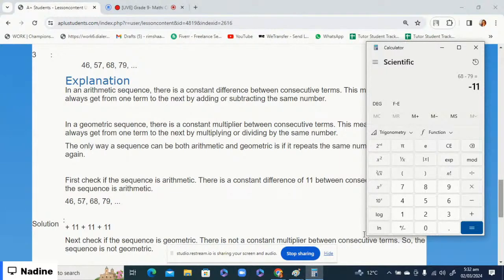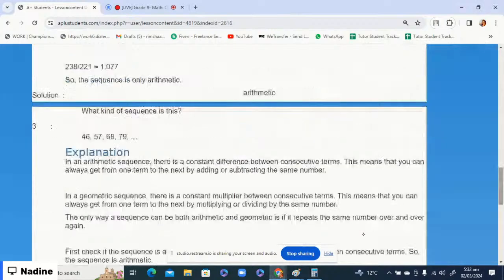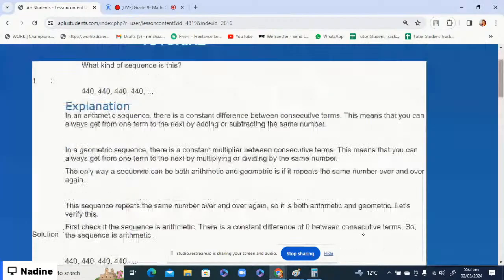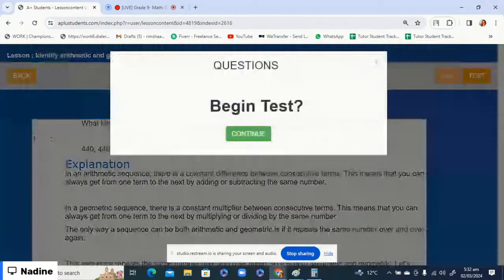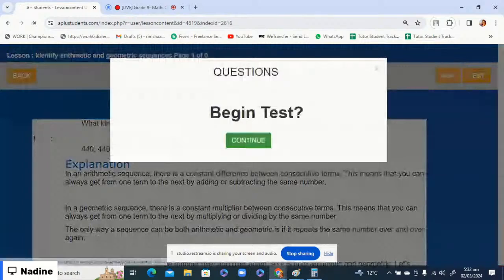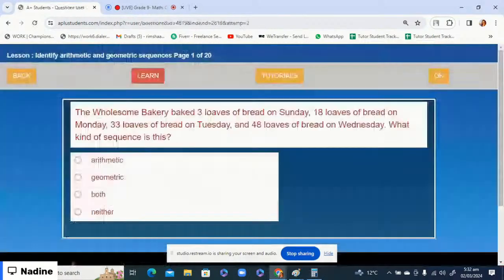Okay. Now let's do some test questions for that. The Wholesome Bakers baked 3 loaves of bread on Sunday, 18 loaves on Monday, 33 loaves on Tuesday, 48 loaves on Wednesday. What kind of sequence is this?